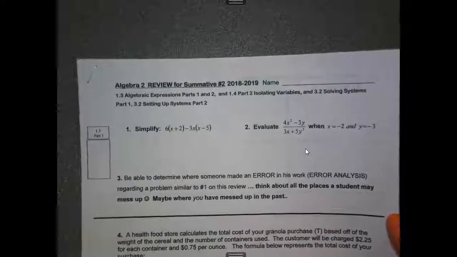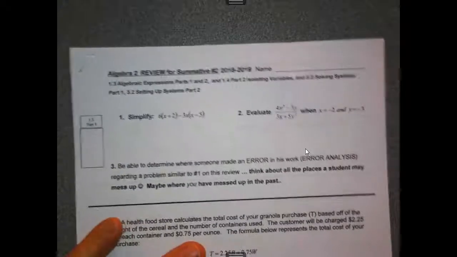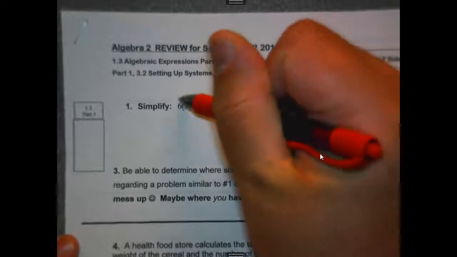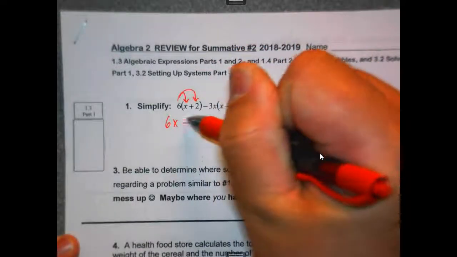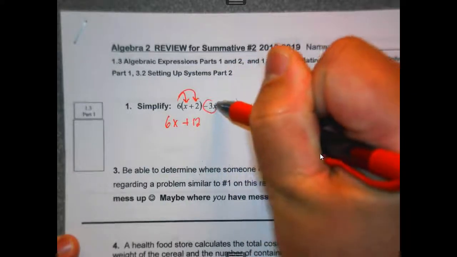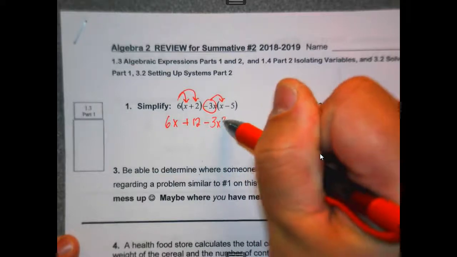Let's look at 1 and 2. Number 1 is easy, right? You're just going to distribute and combine like terms. 6 times x is 6x. 6 times 2 is plus 12. Negative 3x times x is negative 3x squared.